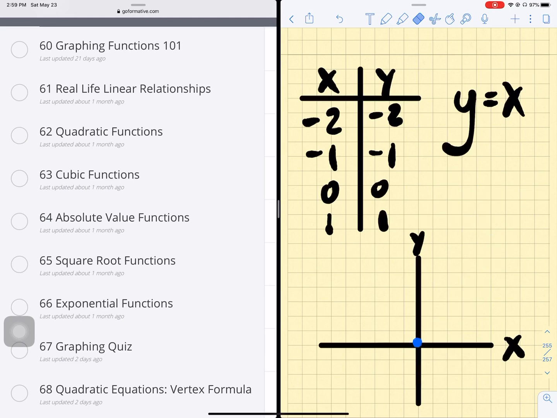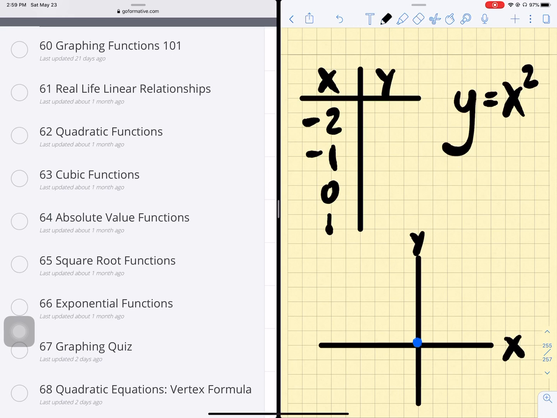Okay, all right. If we take the next thing here and put a 2 on it, well, that's going to change all the y values, because what we're really doing is we're taking the x value and we're squaring it. So it's going to look like this.